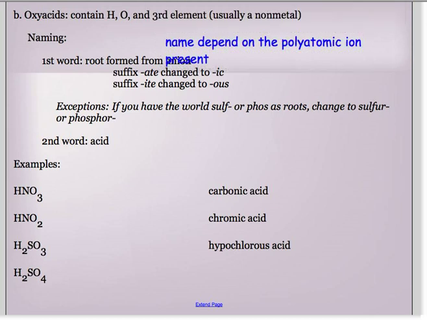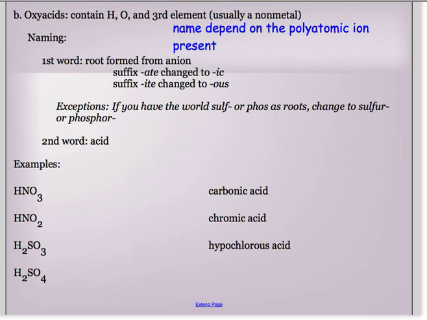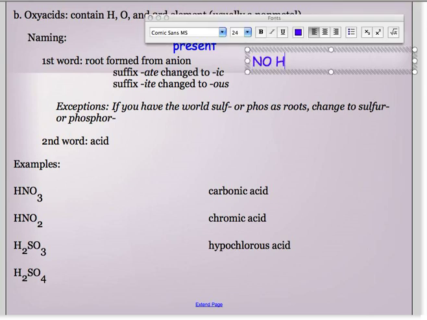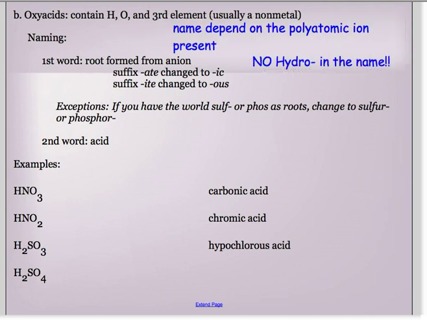So these all have polyatomic ions, and what you're going to do is find out the polyatomic ion that's in them, and if you ate an acid, you would go ic, and that's what you're going to change your ending to. And what you'll notice, another thing here, is there's no hydro in the name. So that's your clue that it's an oxyacid versus a binary acid. And then once you change the name, you just say whatever acid.